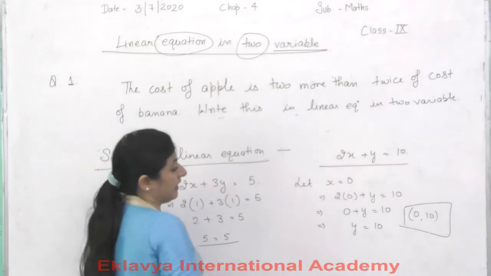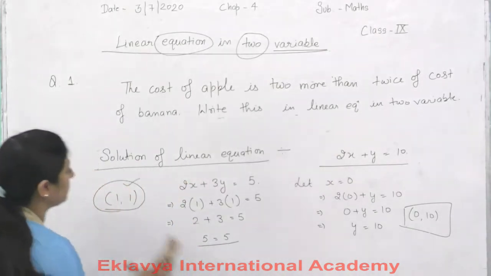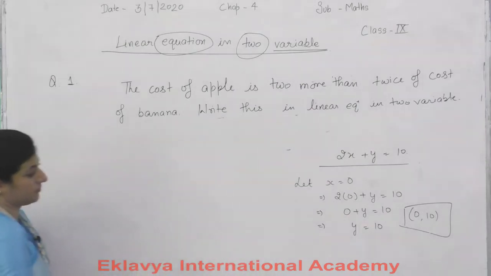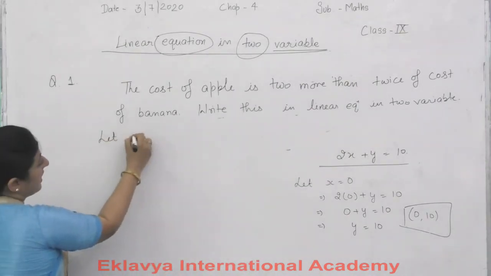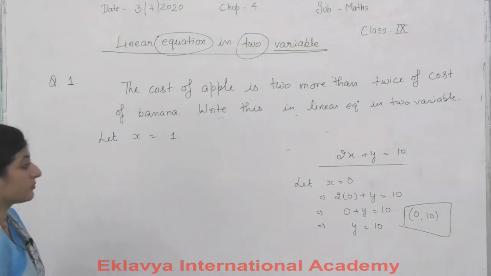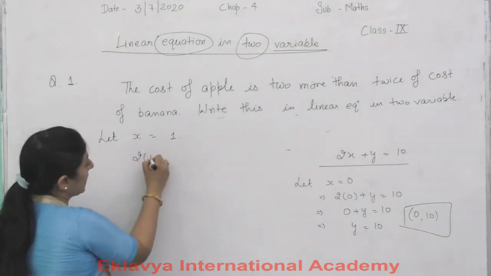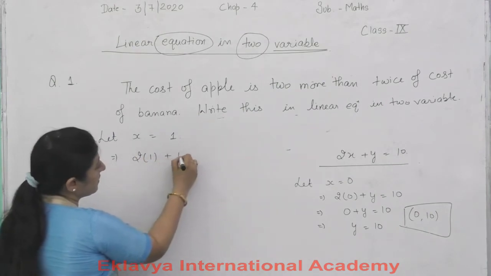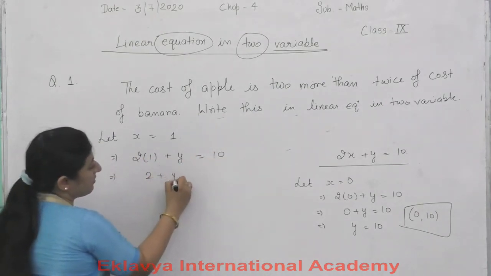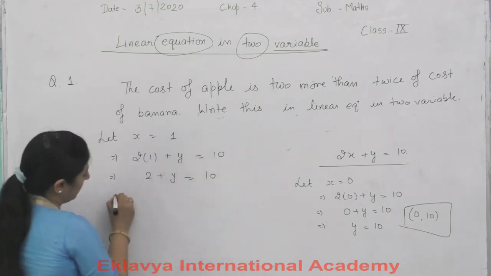Second, let x is equal to 1. Put here 2 multiplied by 1 plus y is equal to 10. 2 plus y is equal to 10.